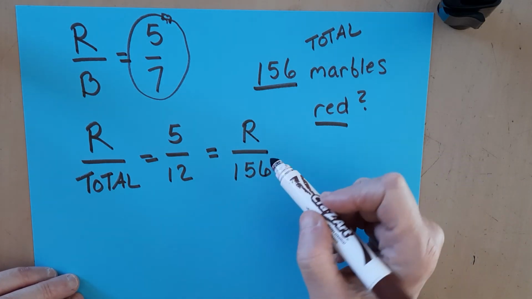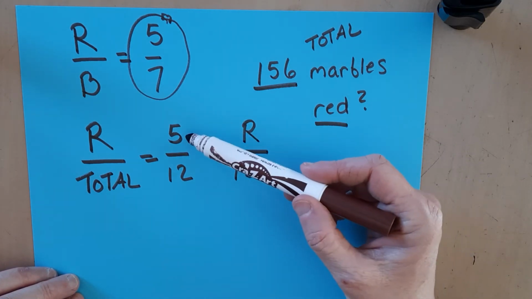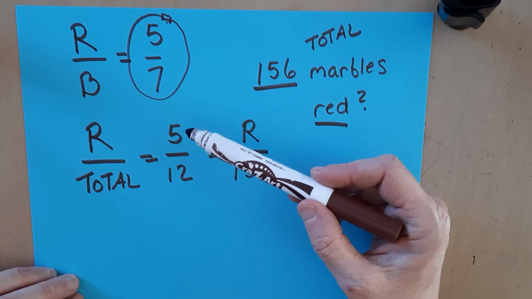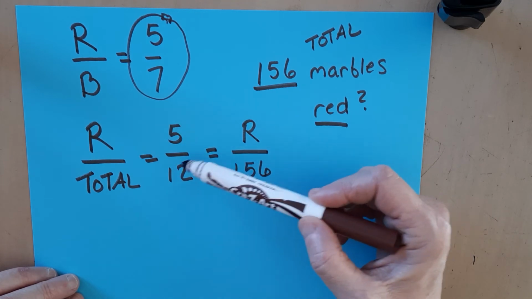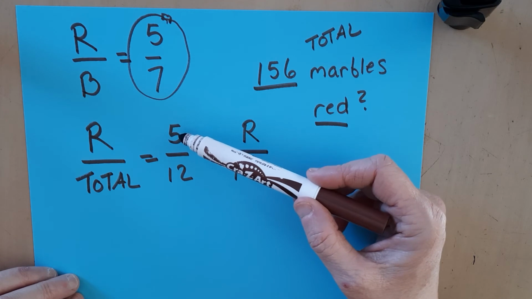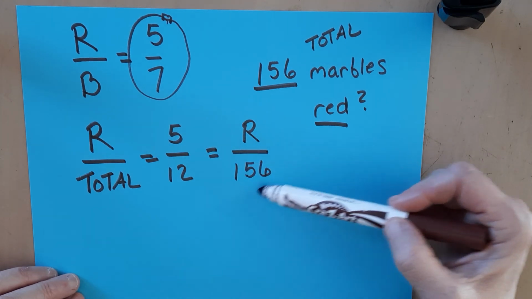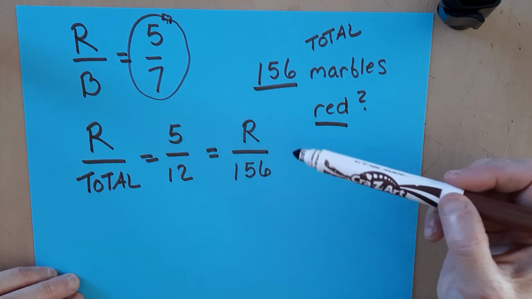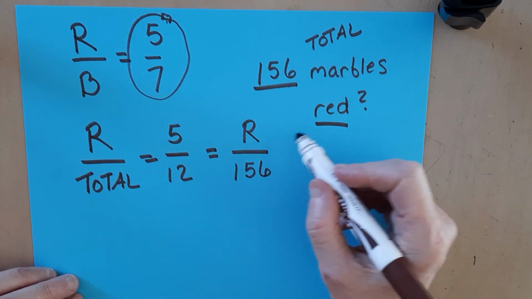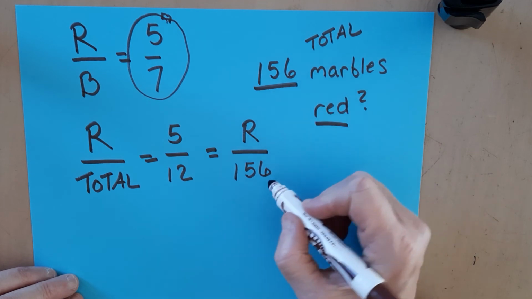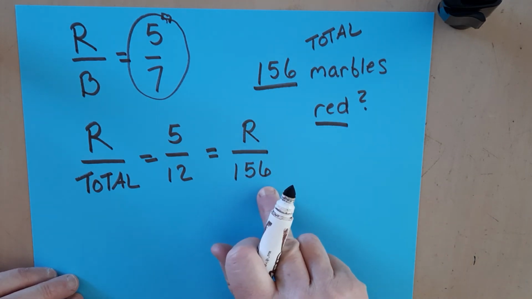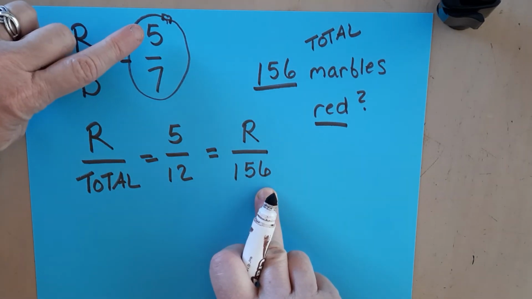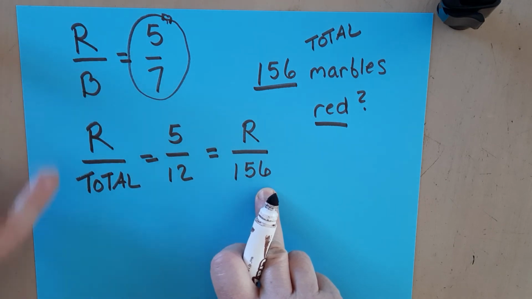The reason we can do that is that in a bag of 12 marbles, 5 of them will be red. And now we have a bag of 156 marbles that are in the same ratio as this. So we can use these new numbers to figure out how many red marbles there would be in a bag of 156 marbles that are in a ratio 5 to 7, red to blue.